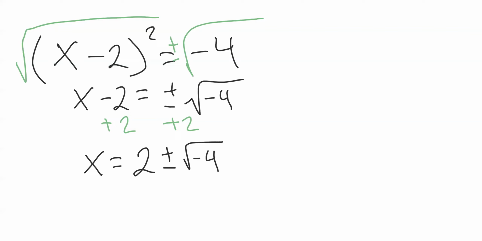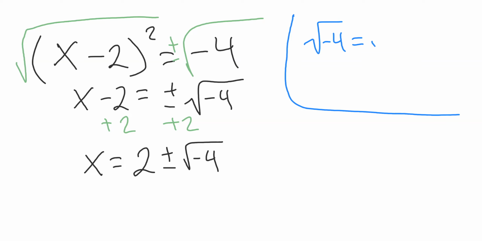But what are we going to do with the square root of -4? Let's take a little aside. We've got the square root of -4. That's an imaginary number because we have that negative sign there, okay? So we are going to factor out the -1. So we've got the square root of 4, and we've also got the square root of -1.